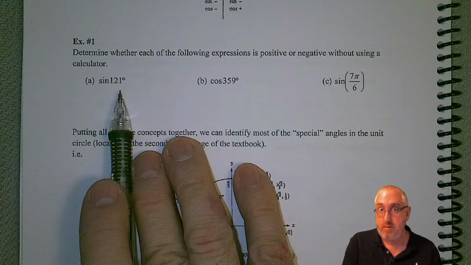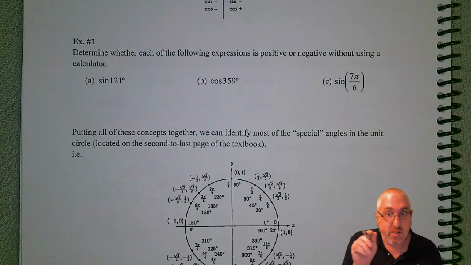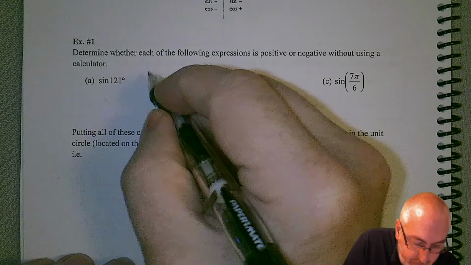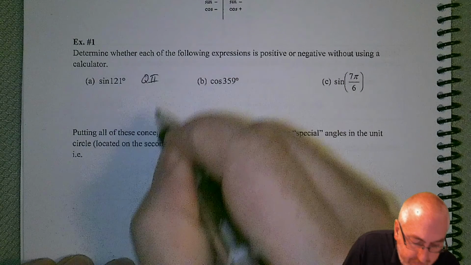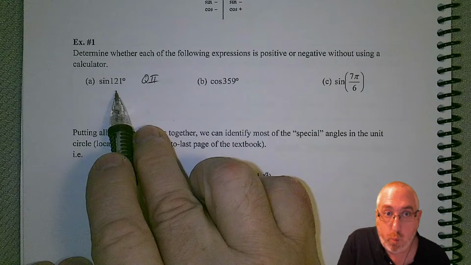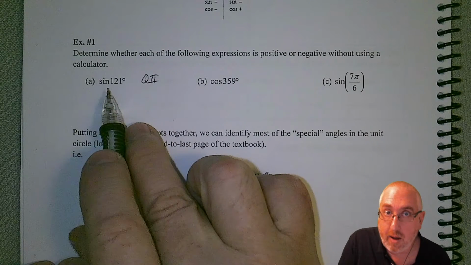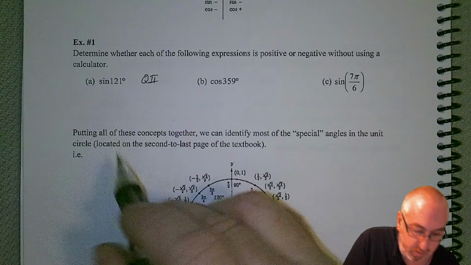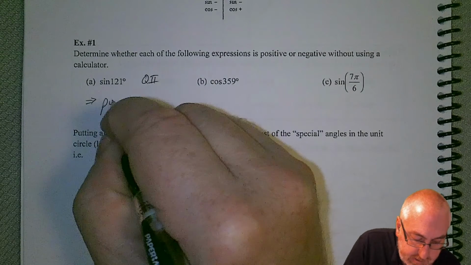Well, we know 0 to 90 degrees is quadrant 1, 90 to 180 is quadrant 2. So this should be quadrant 2. And if it's in quadrant 2, what do we know about the y values? Sine is talking about the y values. So this should be positive.